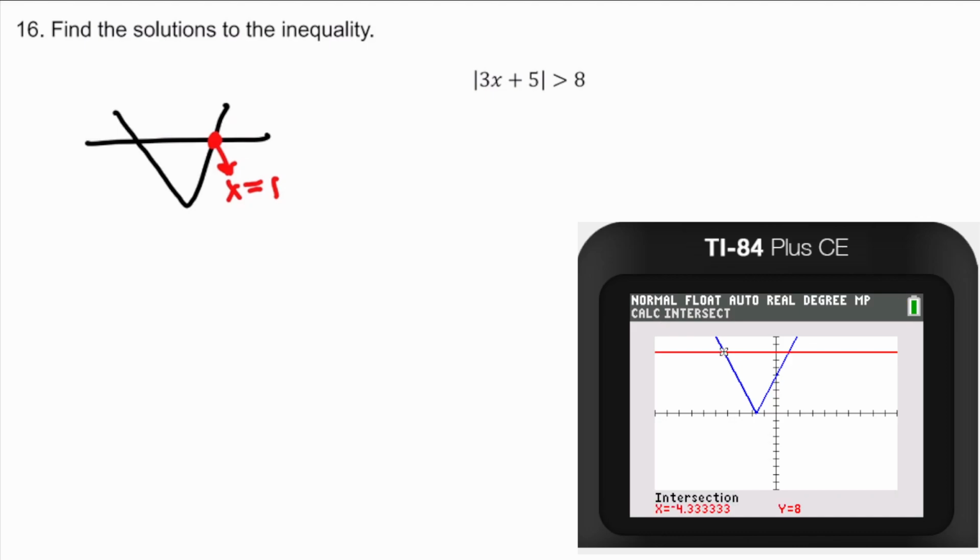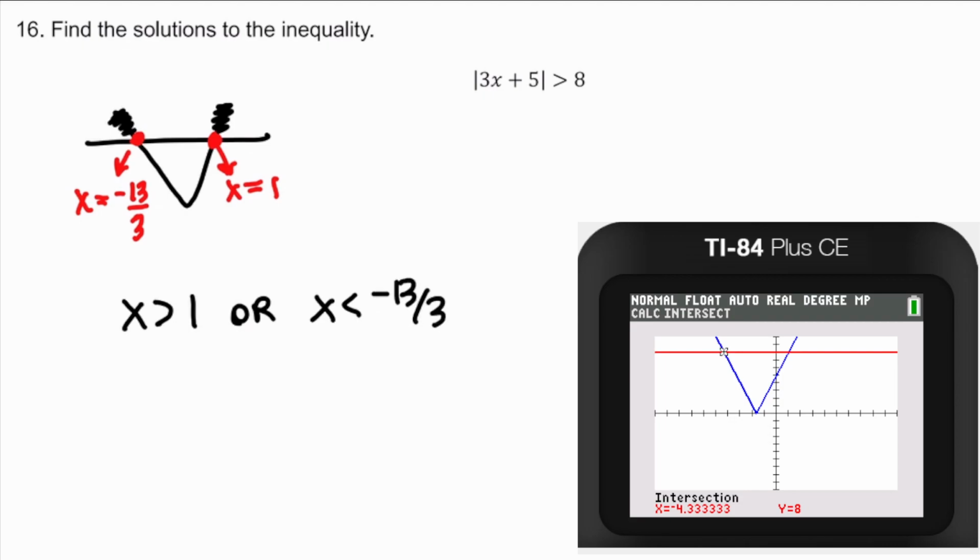Okay, so negative 4 is negative 12 thirds, and an extra third would be negative 13 over 3. That goes to show you can't just assume it's going to be a whole number. And the absolute value is greater than the constant 8 over here. So when x is greater than 1, or when x is more negative than negative 13 thirds.